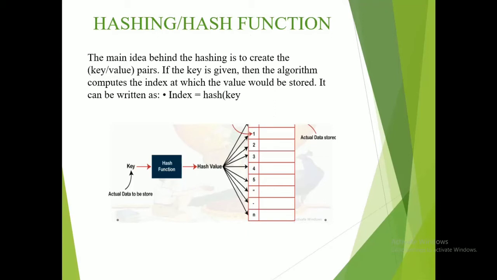If the key is given, then the algorithm computes an index at which the value will be stored. It can be written as index is equal to hash(key). There are a number of data items stored in a hash table.